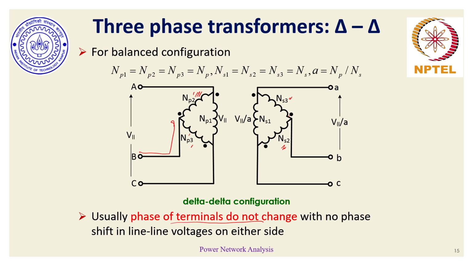So if this terminal is capital B, then it is intuitive that this terminal would be small b. So it depends on how the corresponding windings are drawn or connected, and as per this particular drawing, there is no change in terminals of windings for a delta-delta configuration.